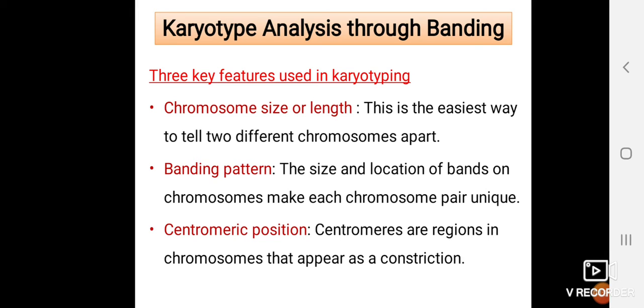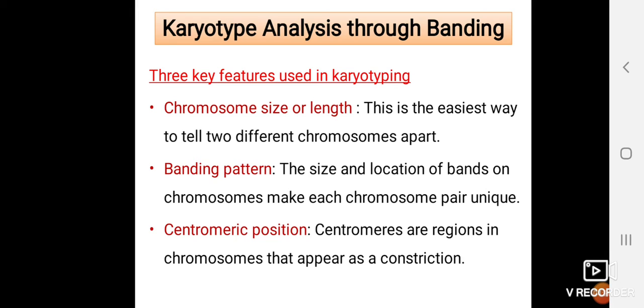As we know, chromosomes have two arms, a P arm and a Q arm, so which is lengthier and which is shorter, the size variations within these arms. All these are studied in karyotypic analysis.